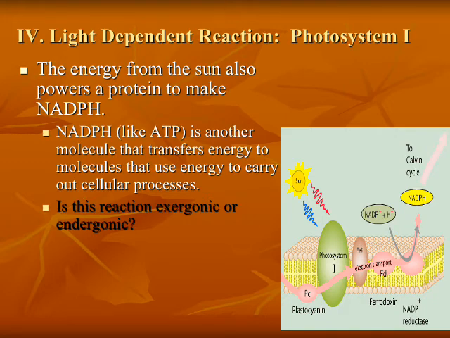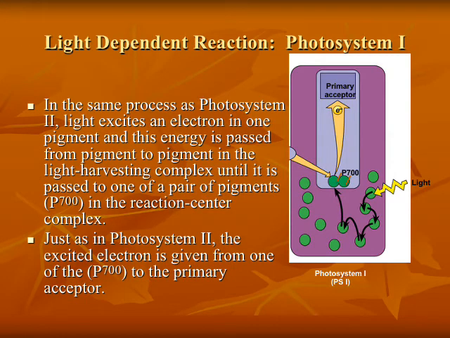So thinking about that, is this reaction exergonic or endergonic? It is endergonic because it requires the input of energy. So in the same process as photosystem 2, in photosystem 1, light excites an electron in one pigment, and this energy is passed from pigment to pigment in the light harvesting complex until it is passed to one of a pair of pigments.